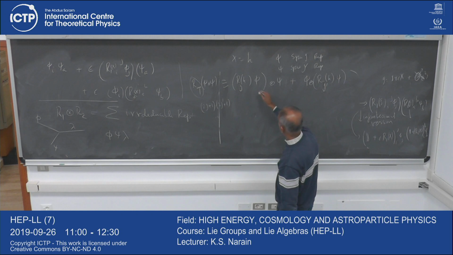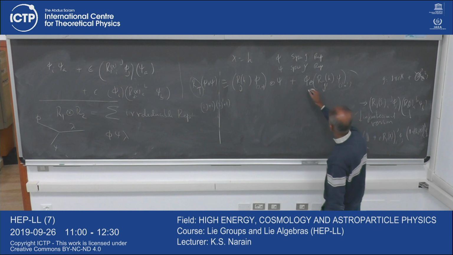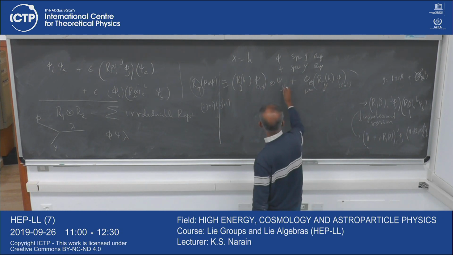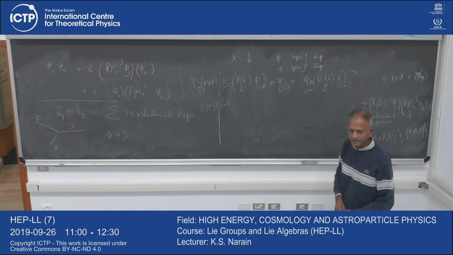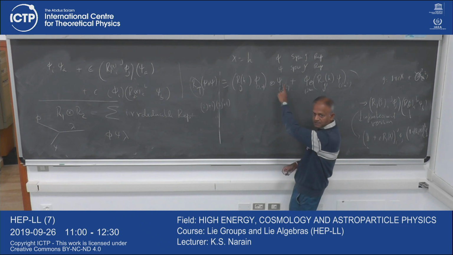So let's choose the basis which is already diagonal. I call this state |j, m> and this state |j prime, m prime>. I take a particular m and m prime, a particular state. Notice that m goes from minus j to plus j, and m prime goes from minus j prime to plus j prime.